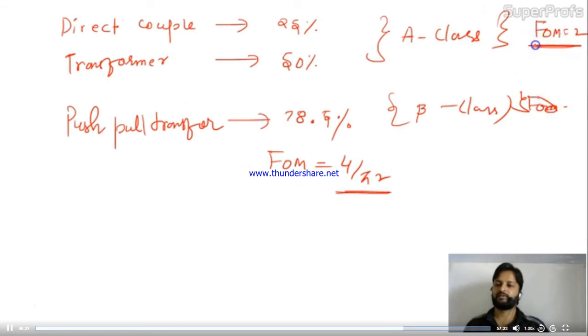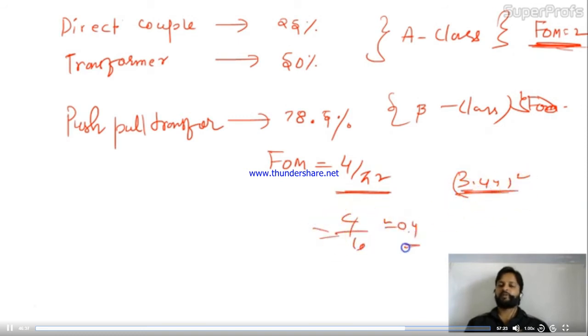Yes, for those two cases, the figure of merit was 2, but for this it is 4 by pi square. Pi is 3.14. You take the square, it's nearly 10. So 4 by 10 and something, 0.4 we are getting over here. And we earlier discussed the figure of merit should be minimum or smaller for better conversion.